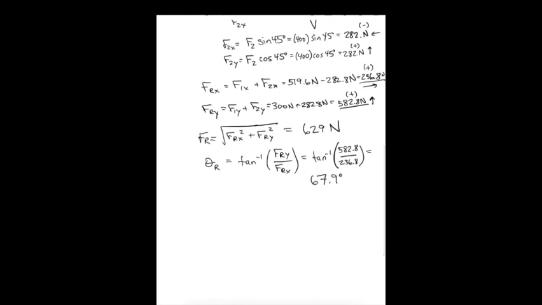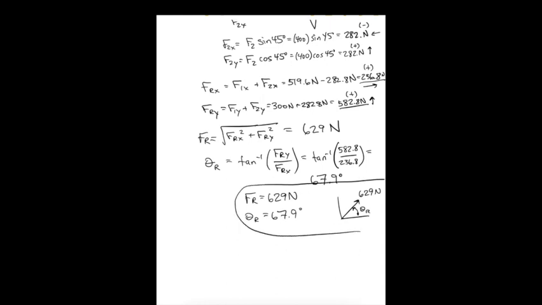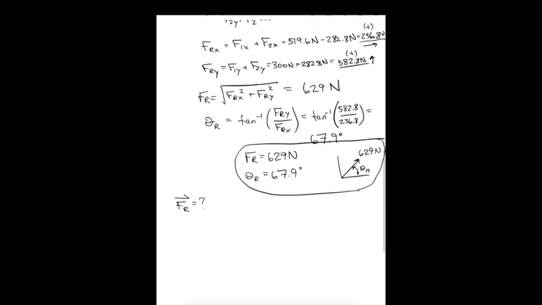So we have our answer thus far for the first part. FR is equal to 629 newtons, and the direction that it's pointing is 67.9 degrees from the x-axis. And so we'll circle that as our first answer. The other thing we wanted to do is to express this in Cartesian components.